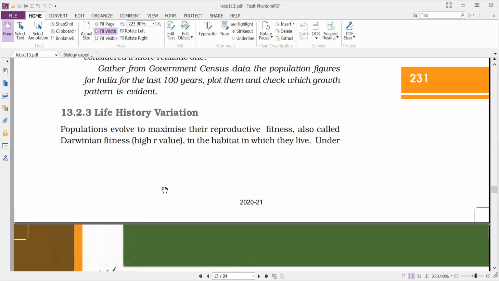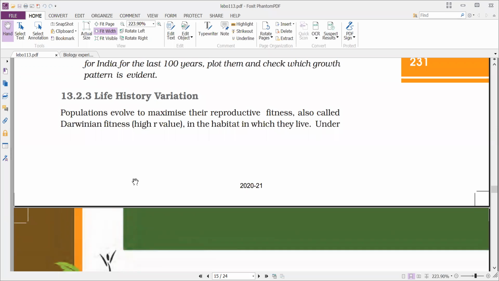And next, coming to life history variation. Different organisms show different adaptations to maximize their population. Every organism tries to increase its population at its best.